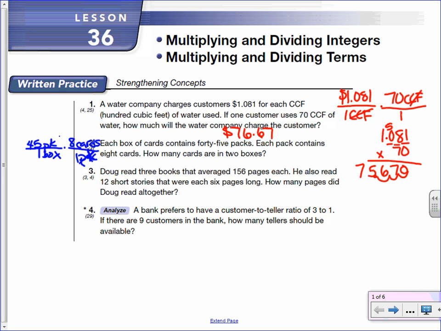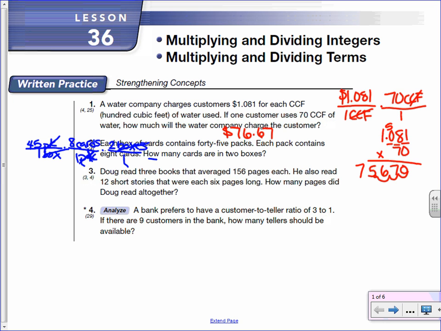So the packs cancel. And then 2 boxes. Boxes cancel, and we're left with just cards. So they're asking how many cards.